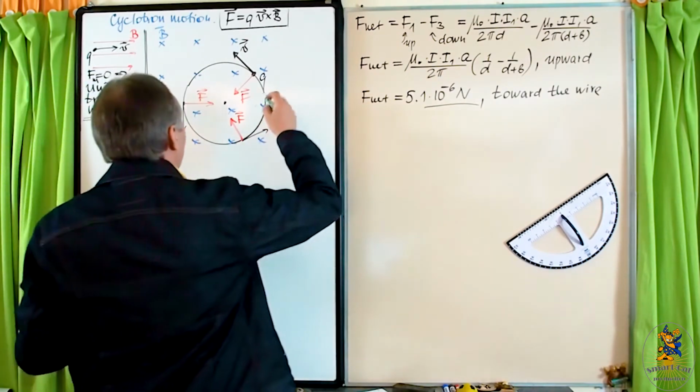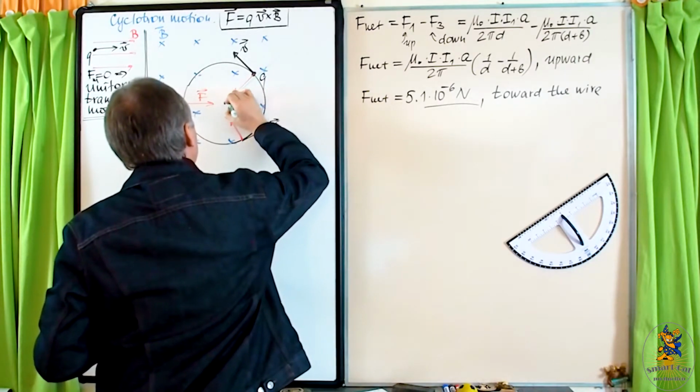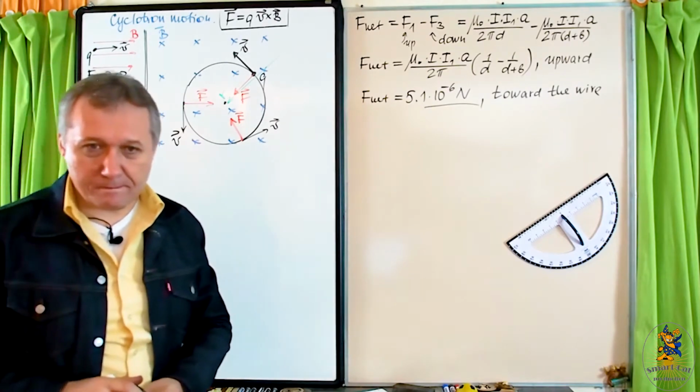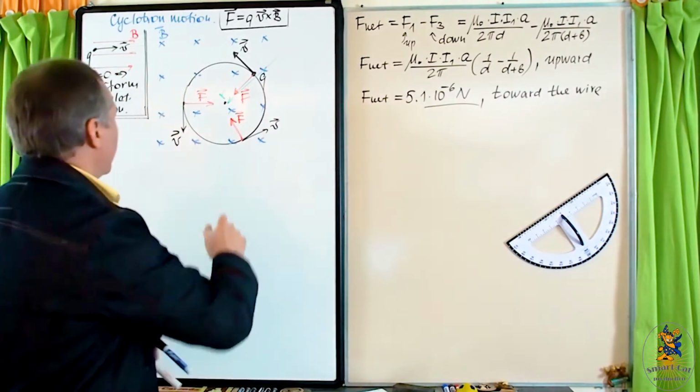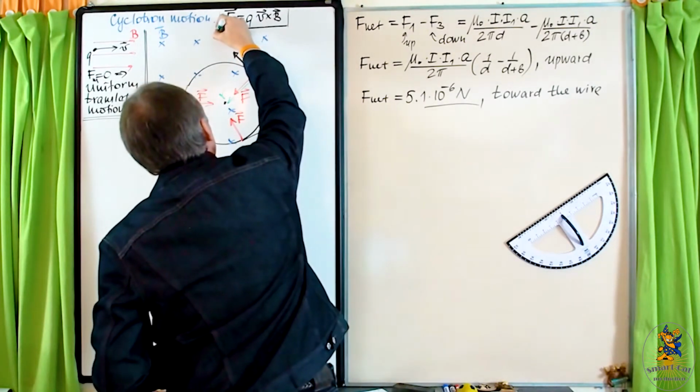So let me choose coordinates. This is R towards the center, right? And T tangential. How should I draw it?